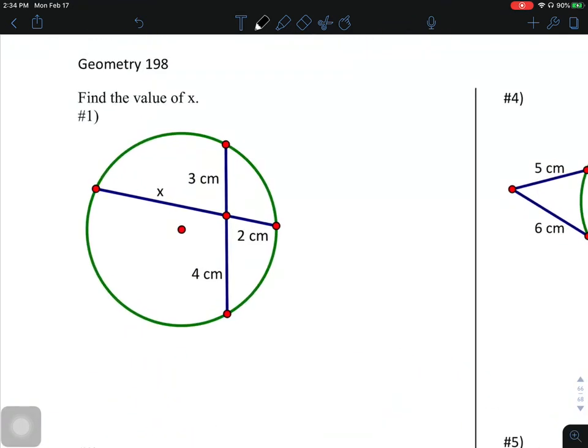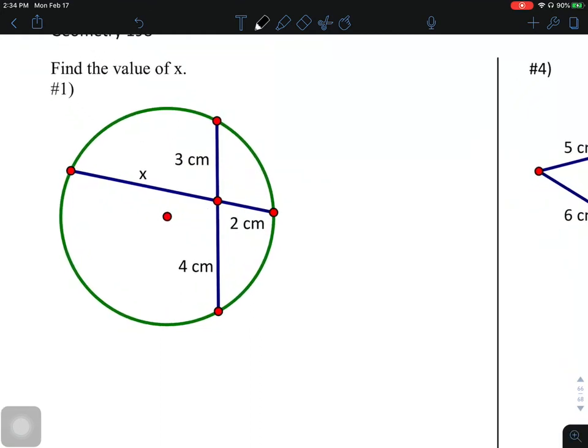Let's see if we can put this into practice. We have two chords intersecting inside the circle. According to Theorem 13.13, x times 2 should equal 3 times 4. So 2x is 12, that makes x 6.